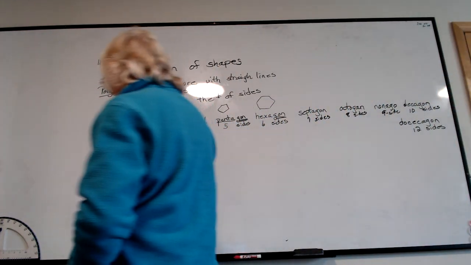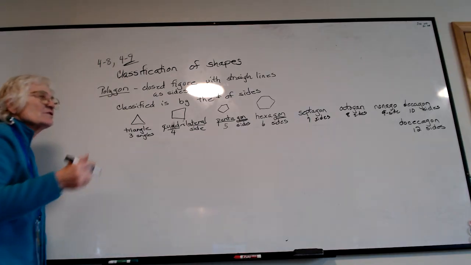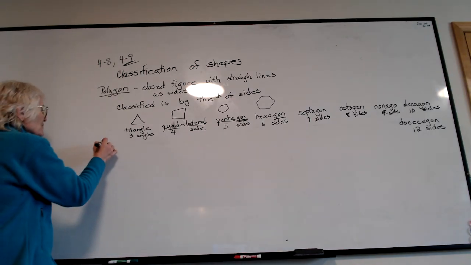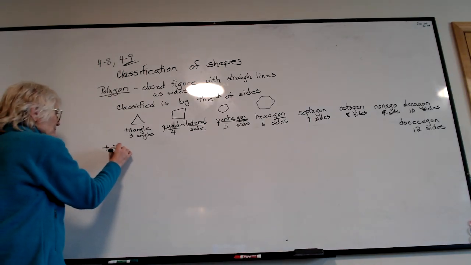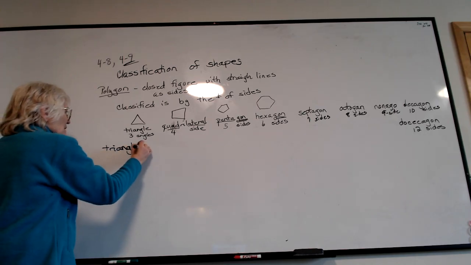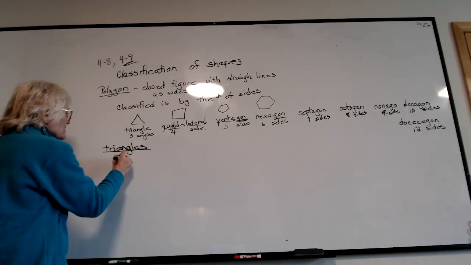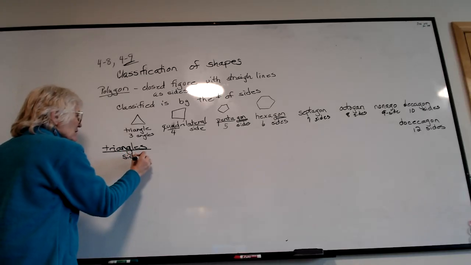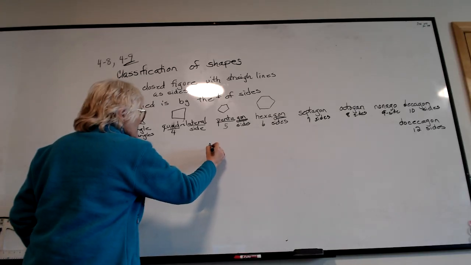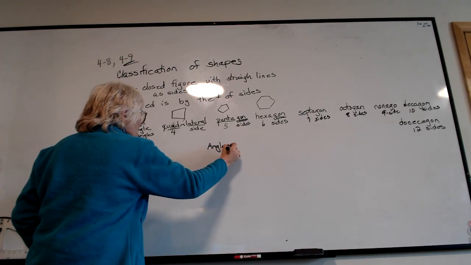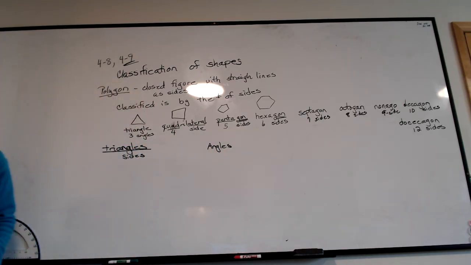So now we're going to start to classify triangles. We can classify triangles by their sides or by their angles. First by sides.